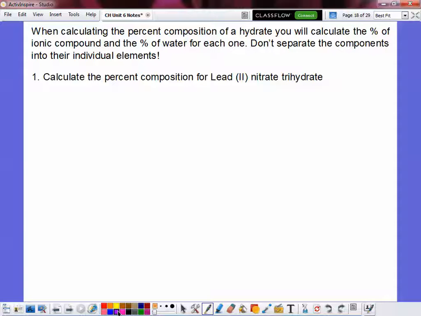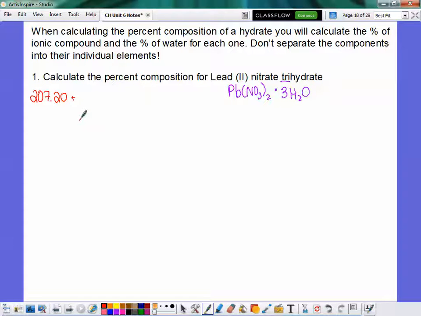So this one, lead 2 nitrate trihydrate. Lead 2 nitrate is Pb(NO3)2, and then trihydrate means that there are 3 water molecules attached, okay? So when calculating the entire molar mass for this substance, lead is 207.20 from the periodic table.